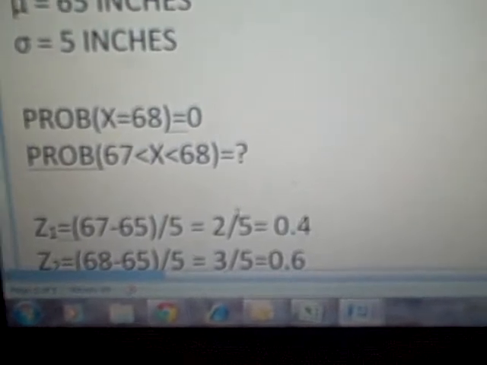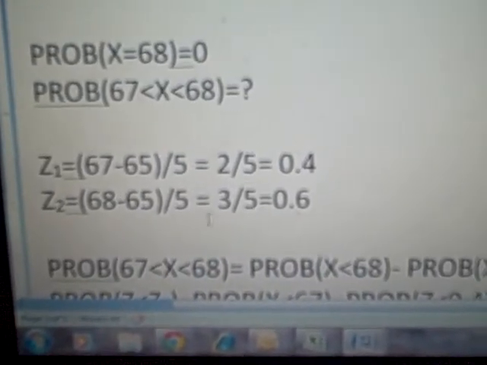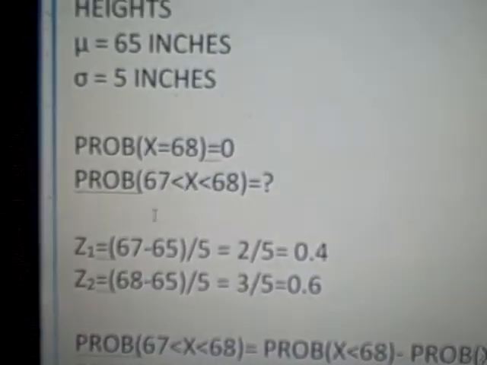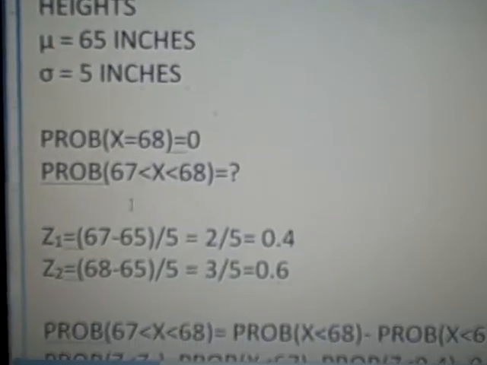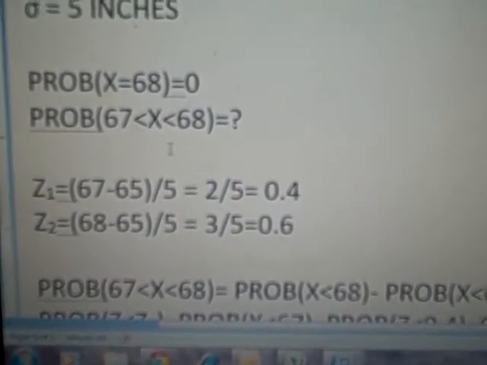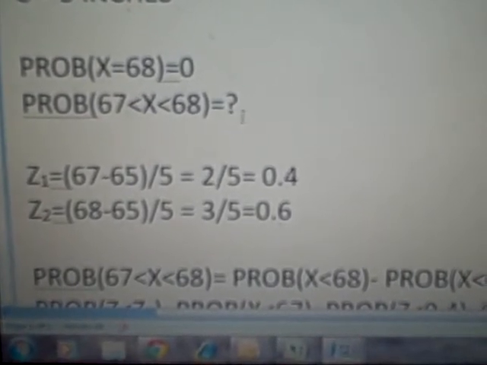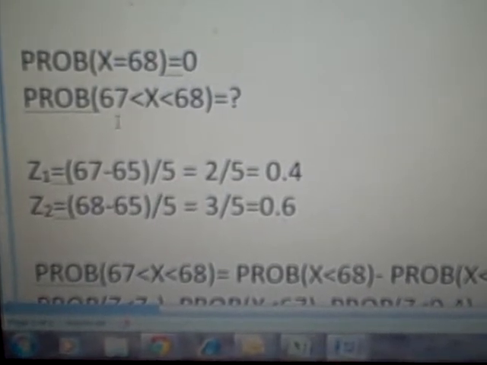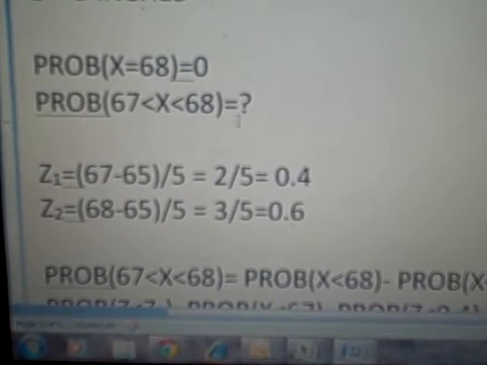Well, what we first have to do is calculate the transformation using the formula z equal x minus mu over sigma. So the first z is 67 minus 65 over 5, which is 2 over 5, which is 0.4. The second, z2, is 68 minus 65 over 5, which is 3 over 5, which is 0.6.